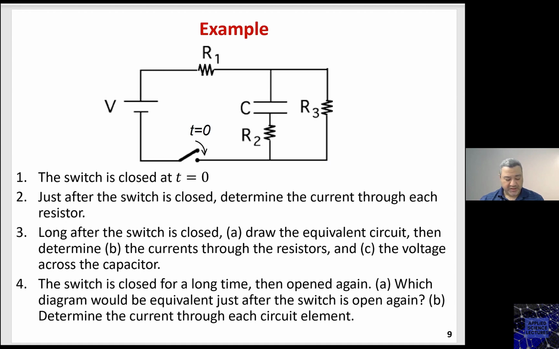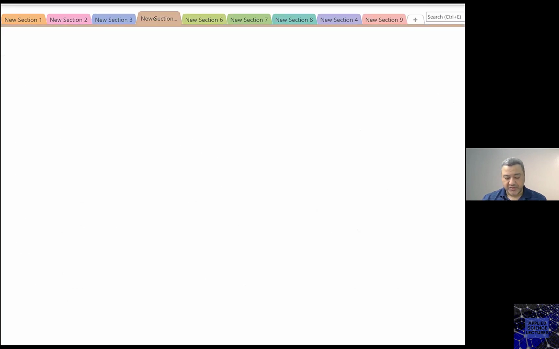So let's look at this example. Here in this example, the switch was closed at t equals 0. Right at the moment when the switch was closed, let me draw the circuit here.